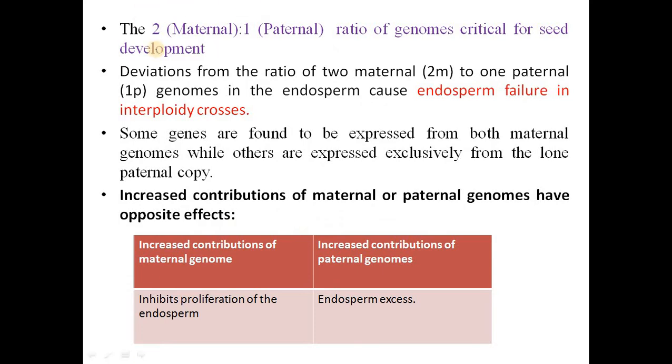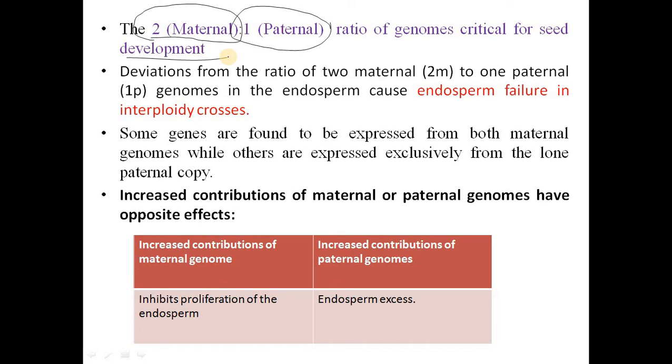Here, the ratio of genetic information, with two components from the maternal parent and one from the paternal, is critical for seed development as well as nutrition.